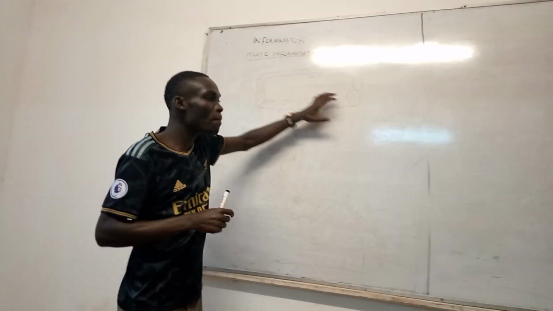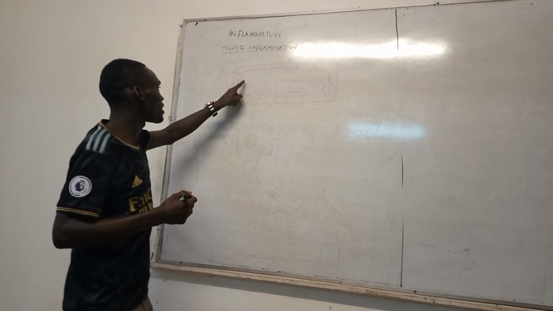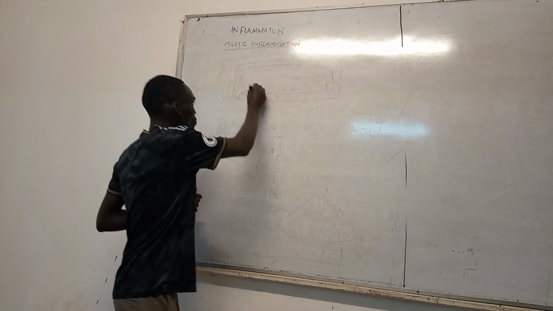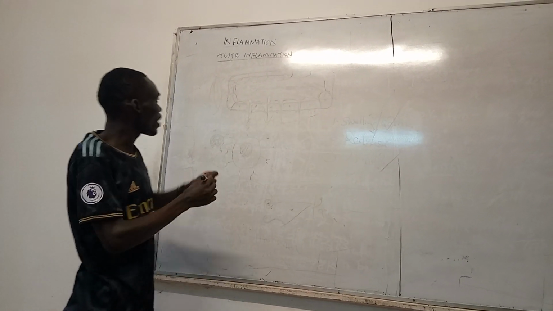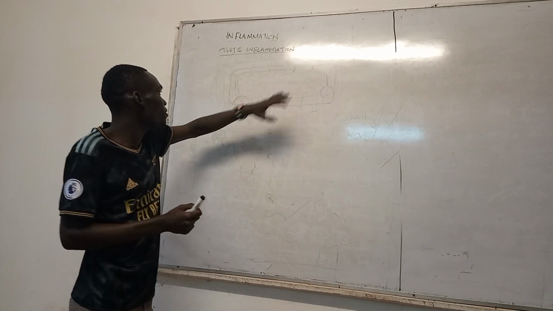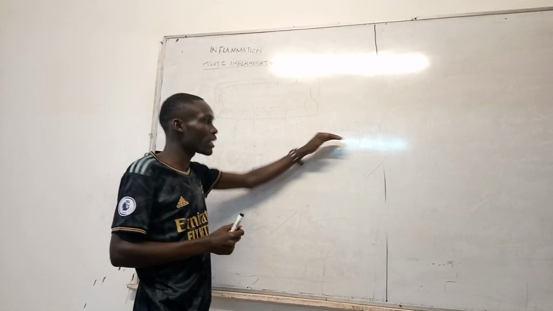When vascular permeability is high, more plasma fluid tends to flow out through the gaps, and this causes swelling.